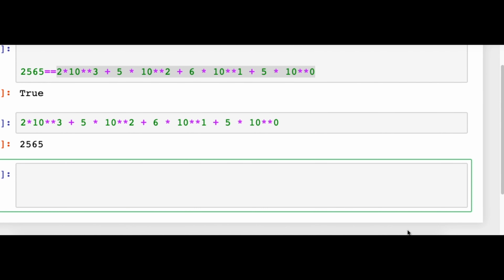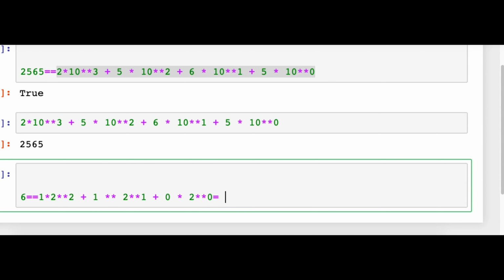So for example, if we want to write the number 6, it is equal to 1 times 2 squared plus 1 times 2 to the first plus 0 times 2 to the 0 power.